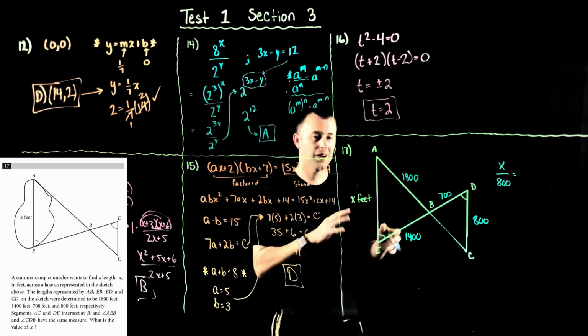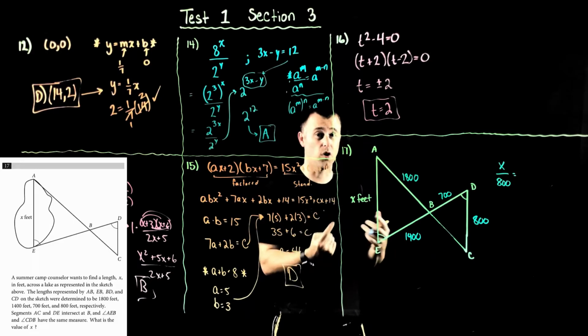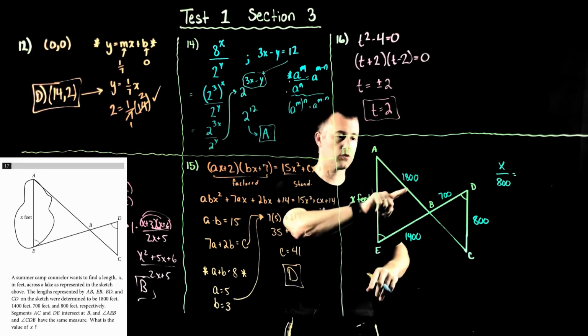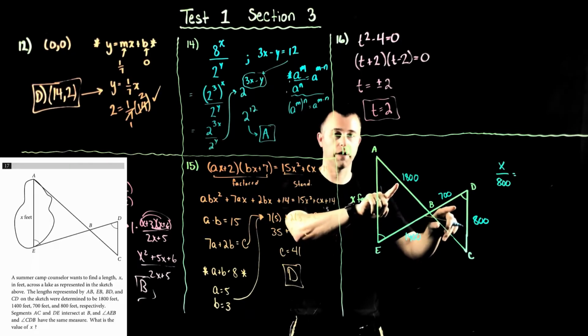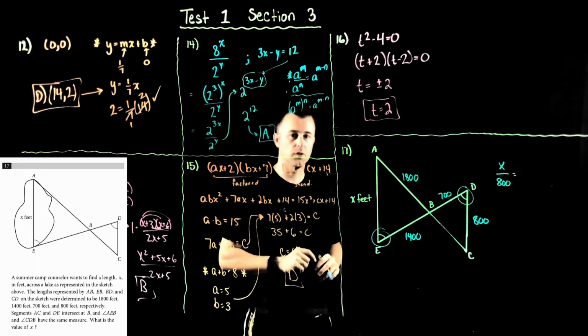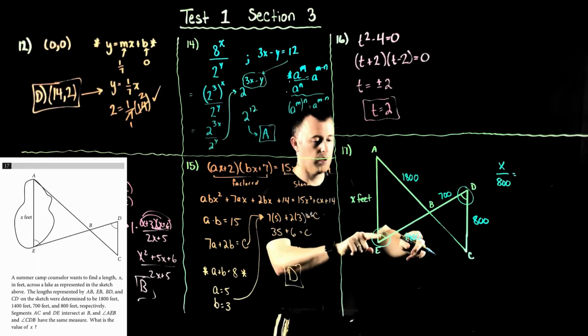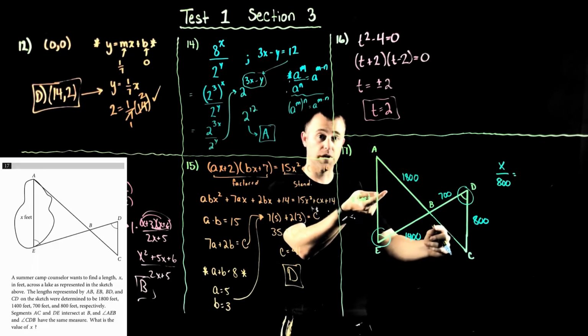And they kind of gave you an extra side here because they want you to try to figure out which sides are corresponding. Now the trap answer would be to say 1,800 over 700 because these two sides are on top. But notice right here, they're giving you these angles. What they're saying is, hey, these angles are congruent, which means these two triangles are flipped.